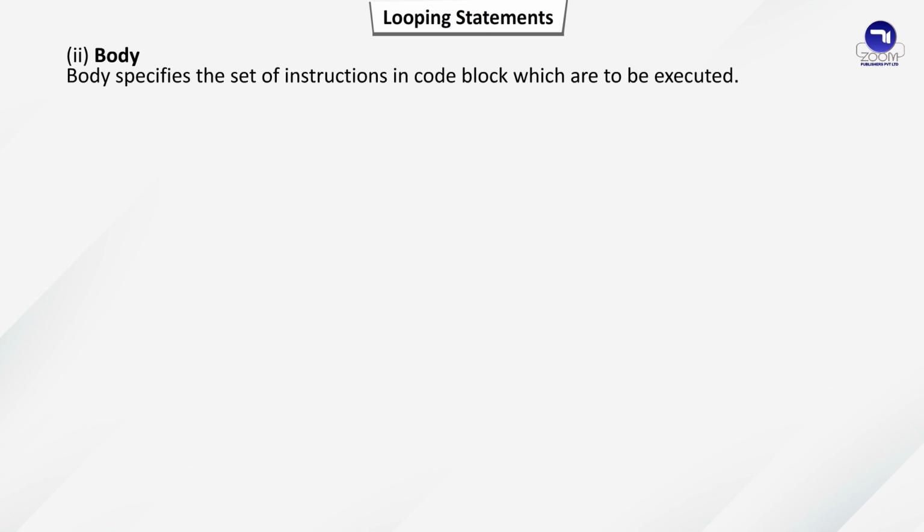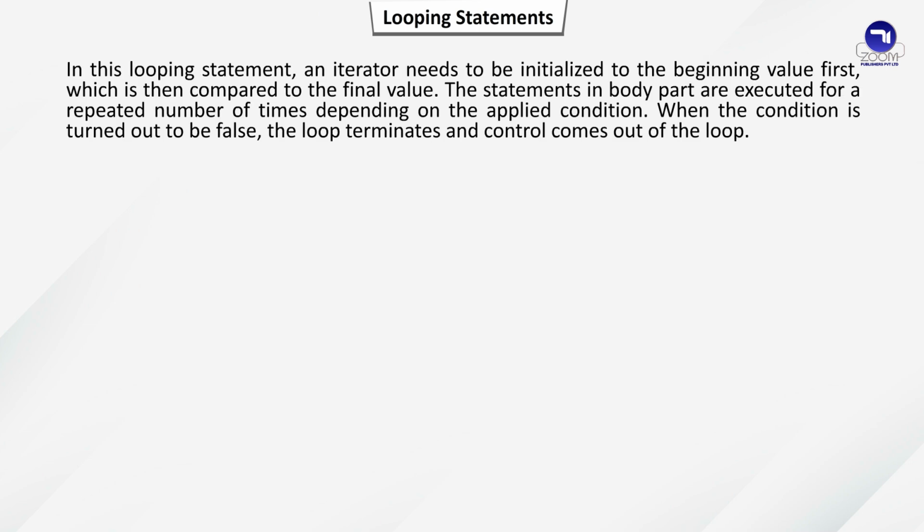Body. Body specifies the set of instructions in the code block which are to be executed. In this looping statement, an iterator needs to be initialized to the beginning value first, which is then compared to the final value. The statements in the body part are executed a repeated number of times depending on the applied condition.